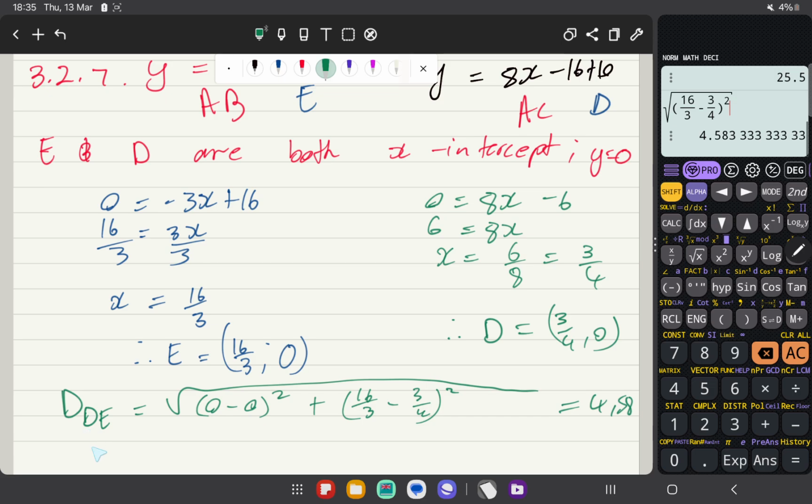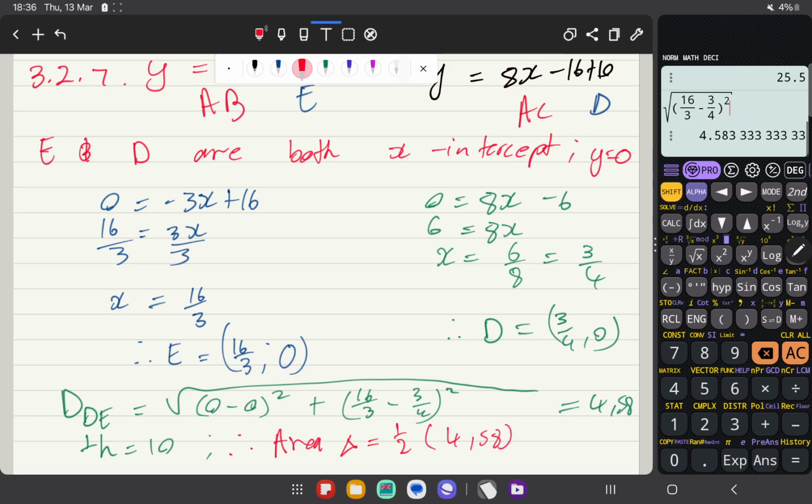And remember my perpendicular height is equal to 10. So the area of that triangle is half base times height, with base 4.58.